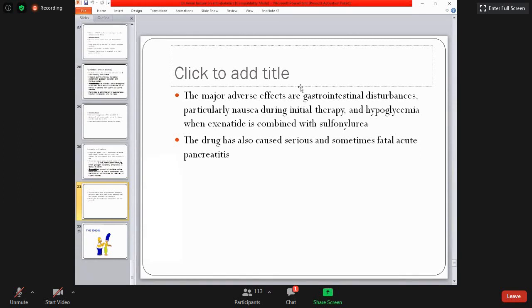Number one point. Second important point, it is going to reduce weight, because generally type 2 diabetic patients are obese, right? So this is one of the reasons.